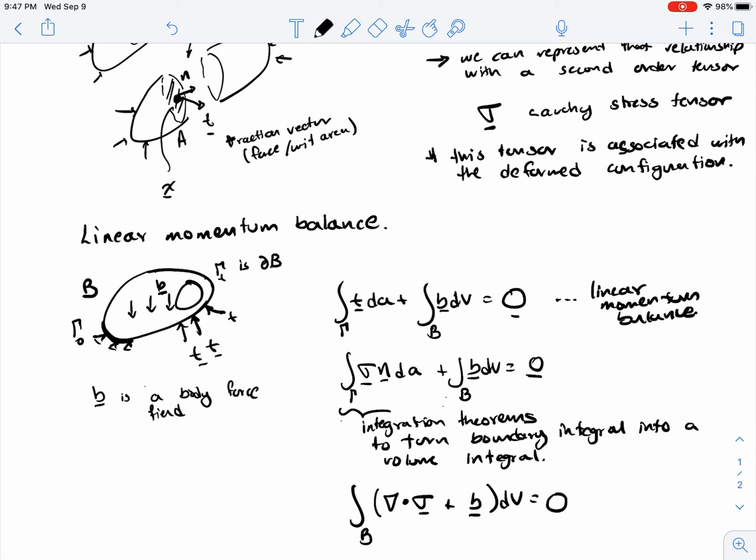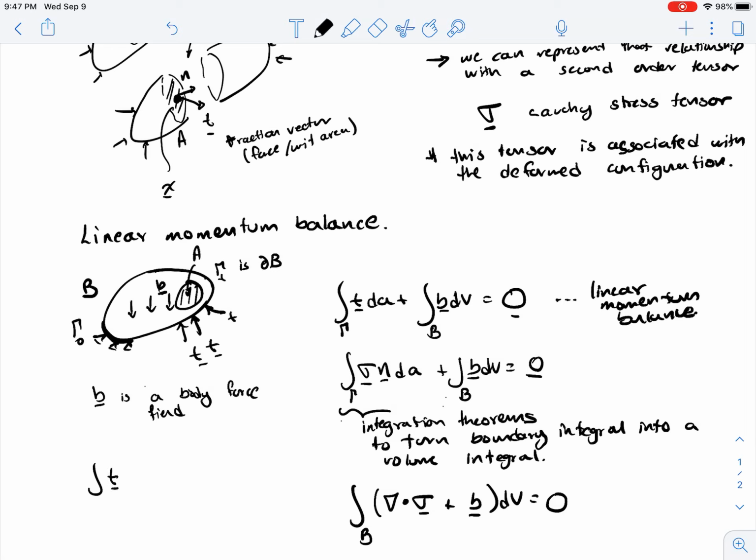So if you do a free body diagram for part of the material, let me call this another letter A. In that domain A, we could do the same.